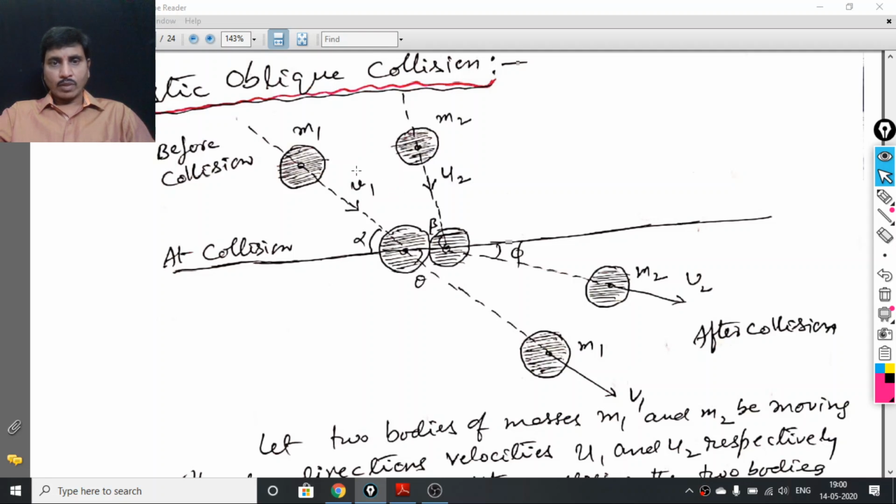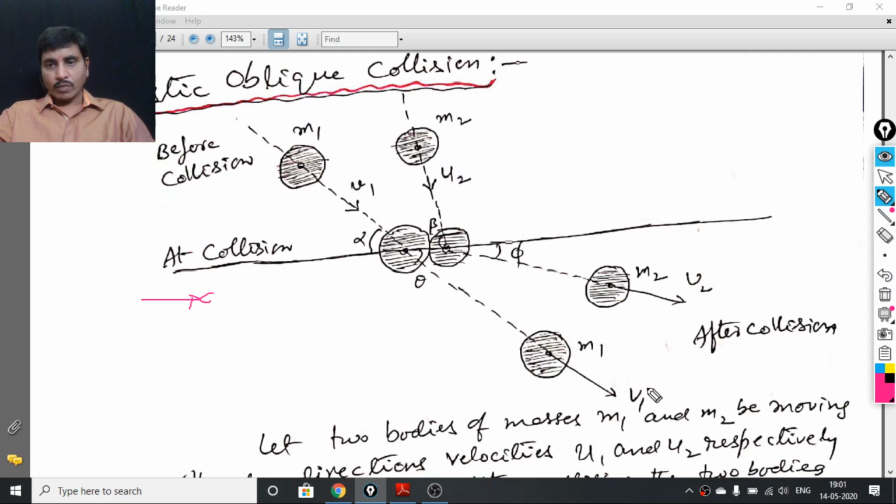They are, before collision, the component of u1 along the x-axis is u1 cos alpha, along the y-axis u1 sin alpha, and the component of u2 along the x-axis is u2 cos beta, and along the y-axis u2 sin beta.